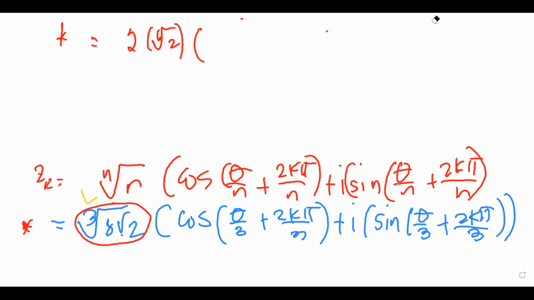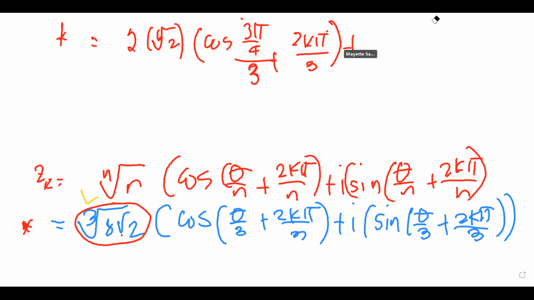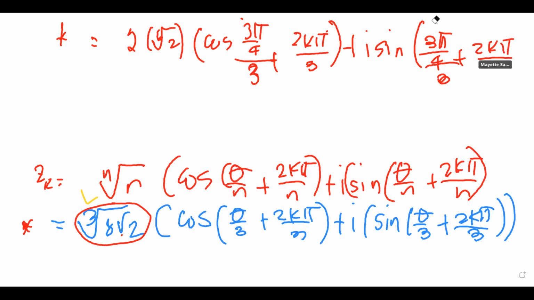So cosine of 3 pi over 4 over 3, plus 2 k pi over 3, plus i sine of 3 pi over 4 over 3, plus 2 k pi over 3, where k is equal to 0, 1, 2, 3, and so on.